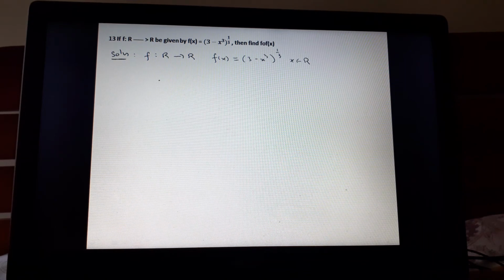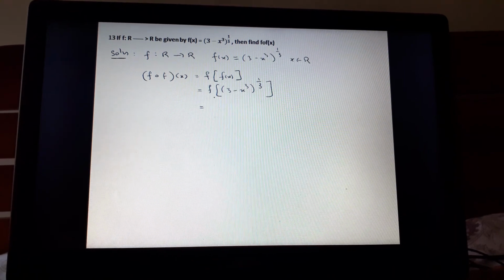Find f of f of x. So this equal to f of, what is f of x? 3 minus x cube to the power 1 by 3.